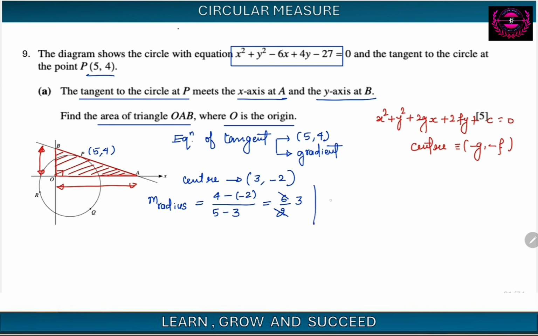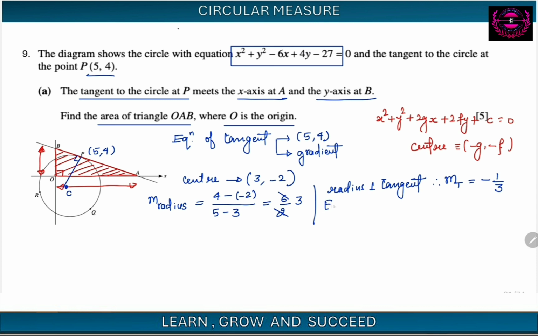Therefore, if this is the center of the circle, which is 3, minus 2, then the radius is always perpendicular to the tangent. Therefore, using m1 m2 equals minus 1, the gradient of the tangent will be the reciprocal of the gradient of the radius with a negative sign, which is minus 1 by 3.